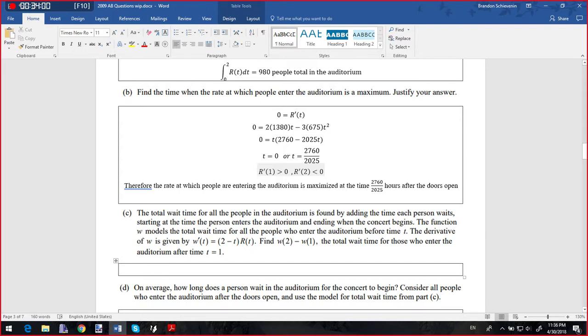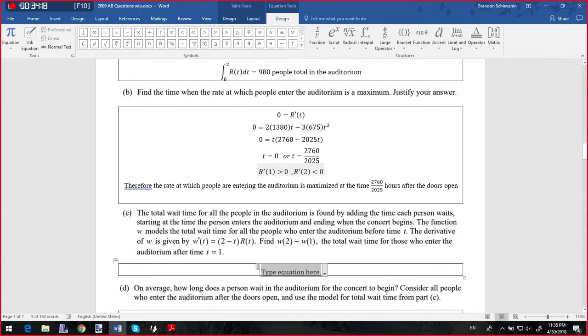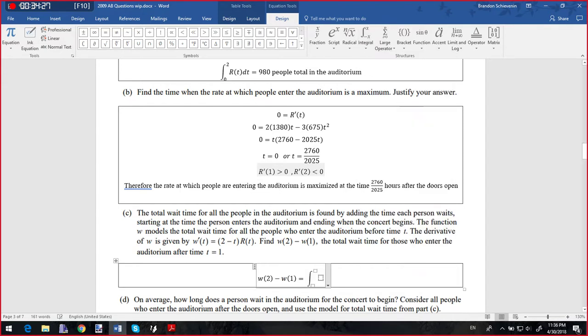Okay, so if I want to find W2 minus W1, what I could do is integrate this W prime of t that they gave us. So that would be something like this. W2 minus W1 is equal to the integral from 1 to 2 of W prime t dt.